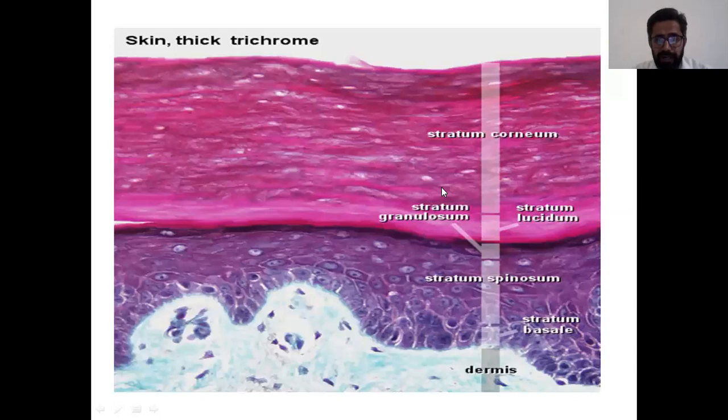And if we look at the detailed strata of the epidermis, the starting point is quite evident: the greater cellularity, which is a feature of epithelial tissue, which we discussed in the previous semester. Just look at this first cell layer, which has euchromatic nuclei. It is the single-cell stratum basale.